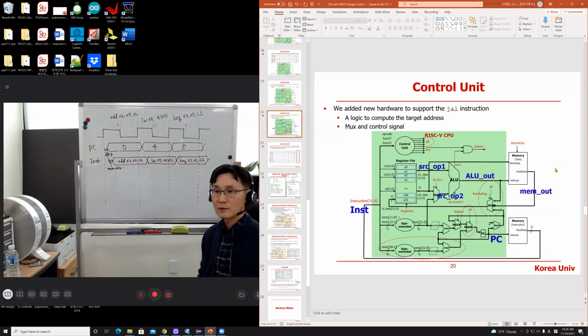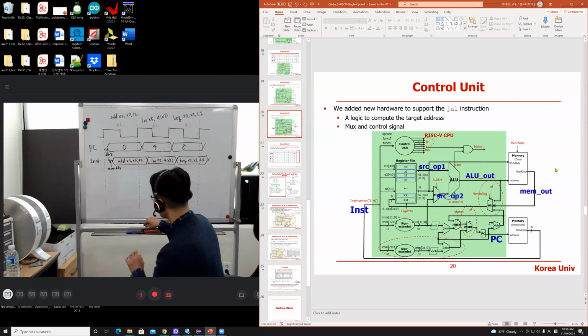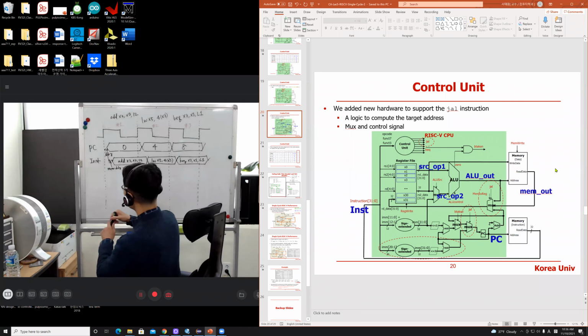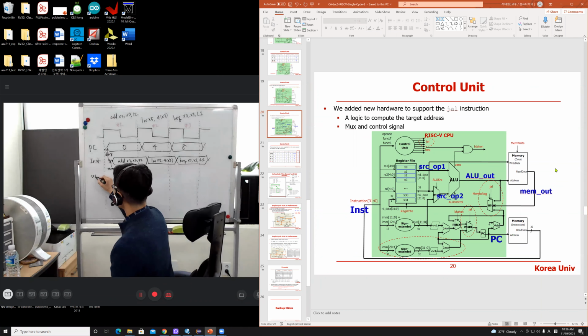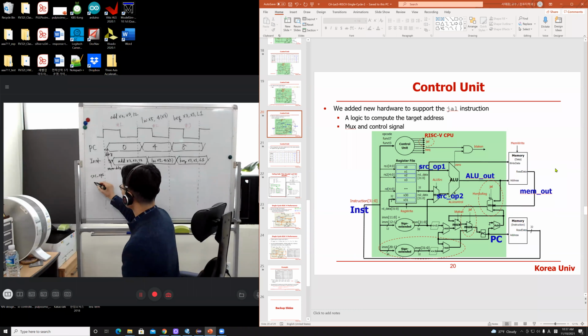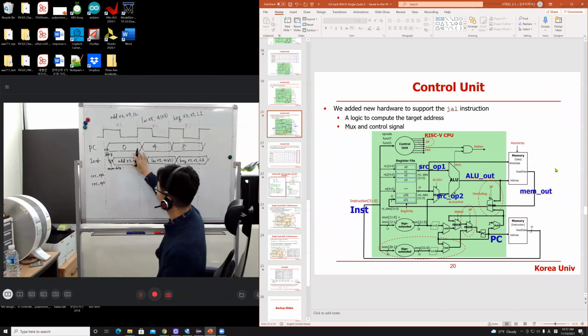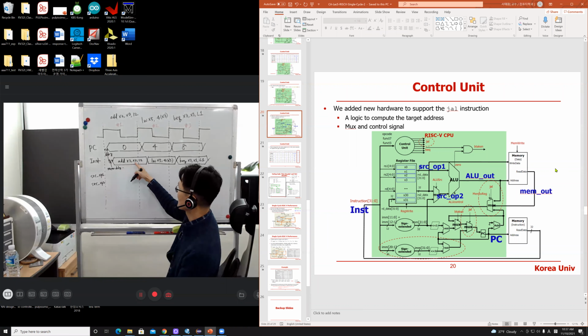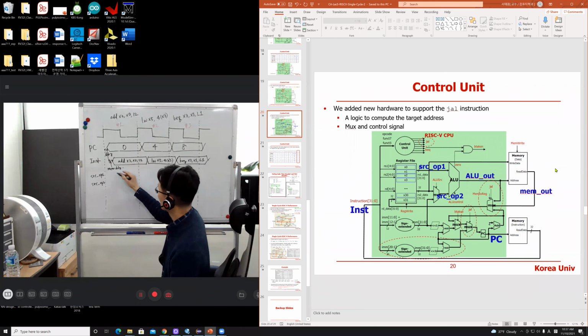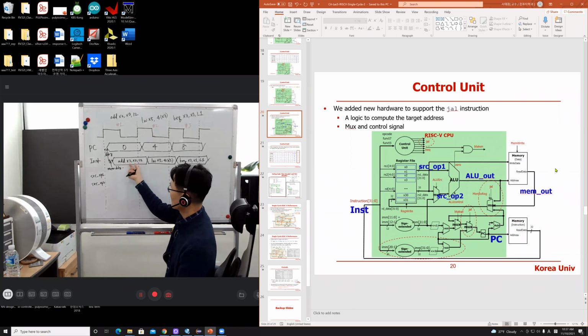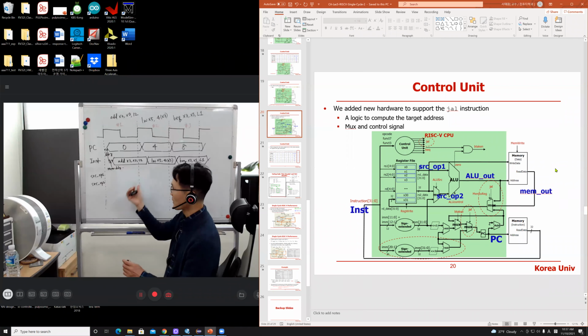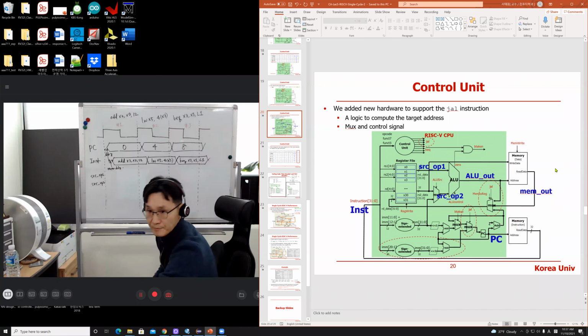So, source operand OP1, source OP2. For that instruction, the first source operand is X0, and the second is immediate 12, right? That will be available after some delay, the register file access delay.